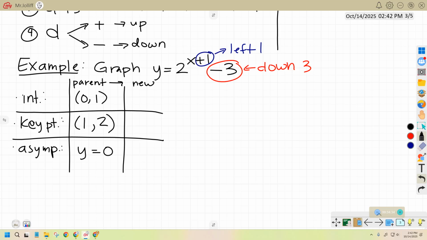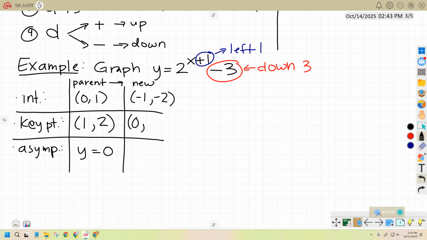Now I want to do 2 things to each of those. I want to shift it left 1, down 3. So for my intercept, left 1, what's my new x coordinate going to be? -1. Down 3, my new y is going to be -2. Perfect. I'm going to do the same thing to the key point. I go back 1, that puts me at 0.